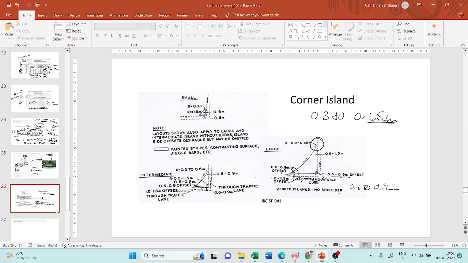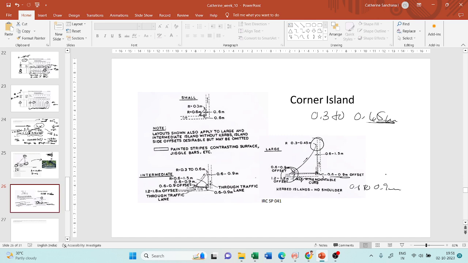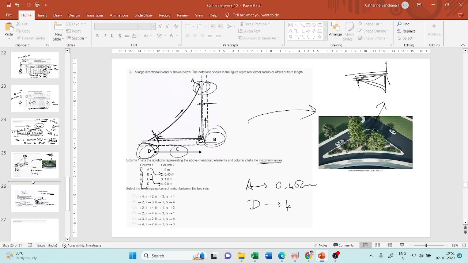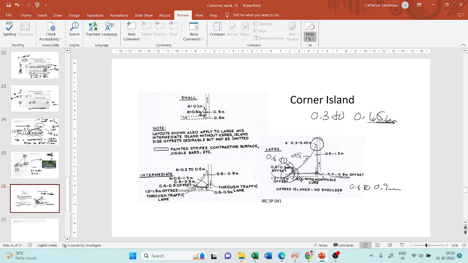So for D, it is 0.6. So this is 0.6 to 0.9 meters. Sorry, D is this offset.